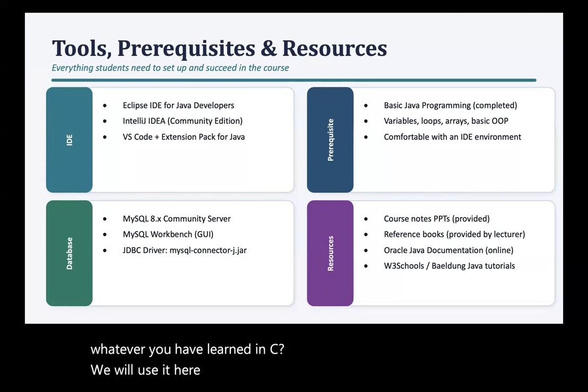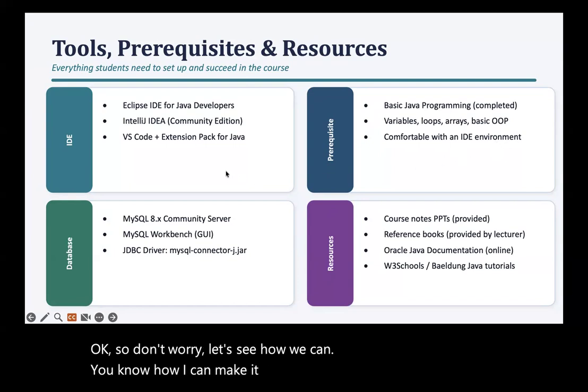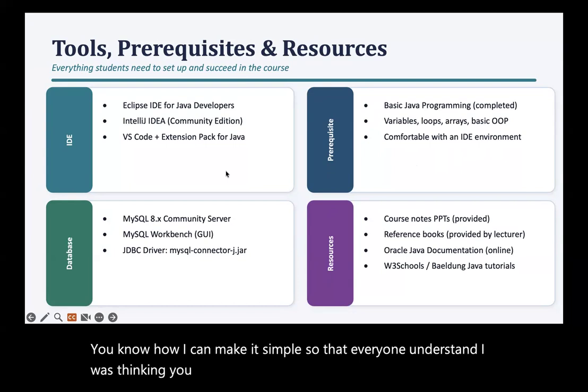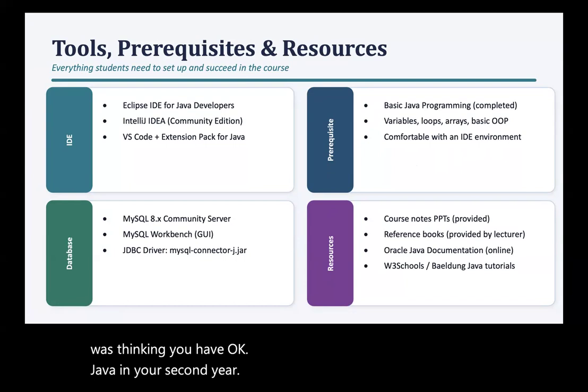The only difference is maybe the structure and syntax, but C++ and Java are almost the same. So don't worry. Let's see how I can make it simple so that everyone understands. I was thinking you had done Java in your second year. No. Okay, so you have completed a diploma.